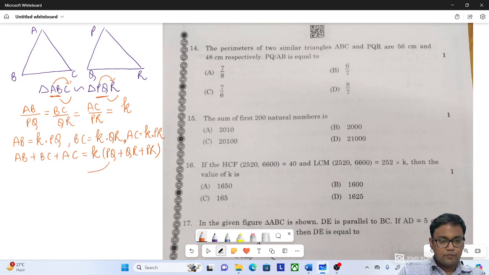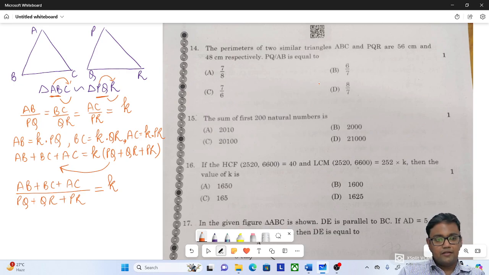So, if I take PQ plus QR plus PR below AB plus BC plus AC like this, see children, then I will get it equal to k, and k was the ratio of the corresponding sides, right. So, what is k? AB plus BC plus AC, that is the perimeter of triangle ABC, given as 56, upon 48, that is the perimeter of triangle PQR, that is also given.